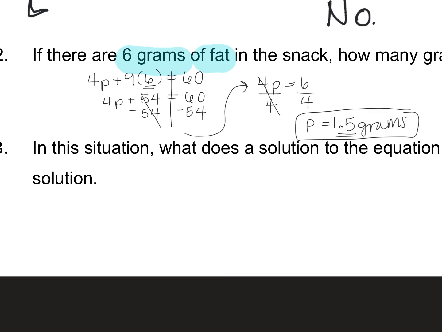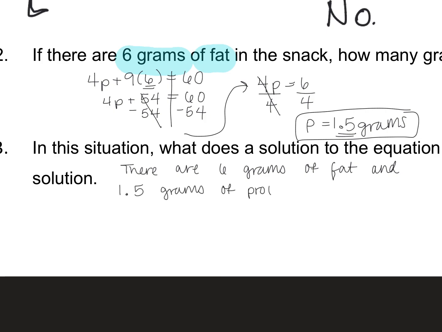So we could say there are 6 grams of fat and 1.5 grams of protein in a snack with 60 calories.